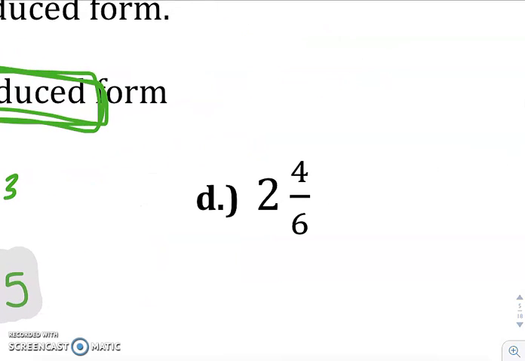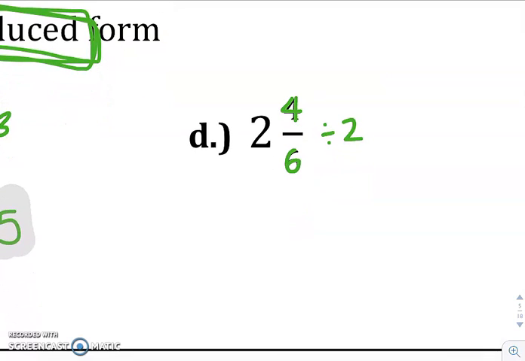2 and 4/6. So when you are reducing, you only reduce the fraction part. Hopefully when you're looking at this, you recognize that 4 and 6 can both be divisible by 2. You only reduce the fraction part. So what I mean is divide 4 by 2, get 2. 6 by 2, get 3.